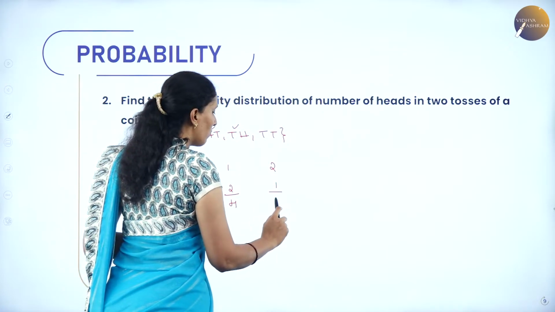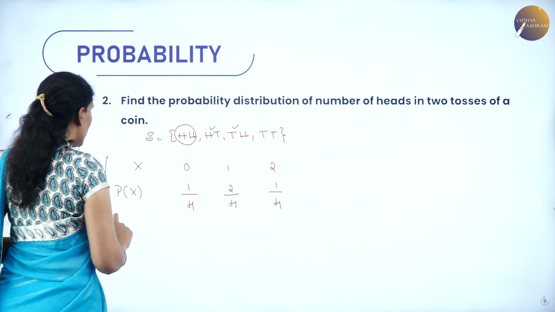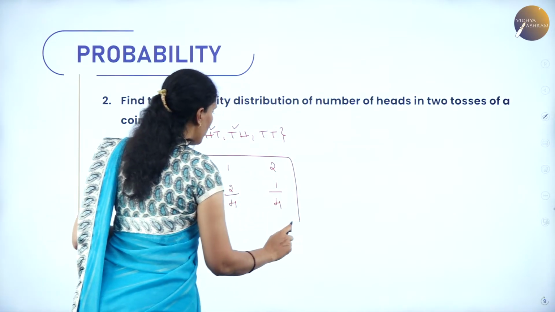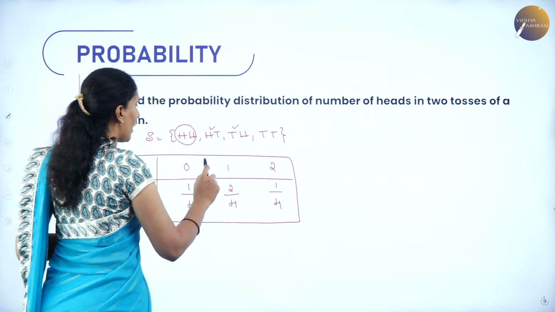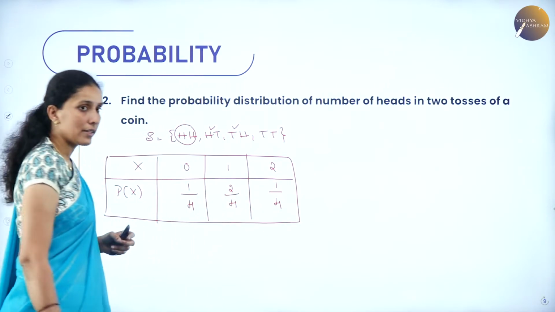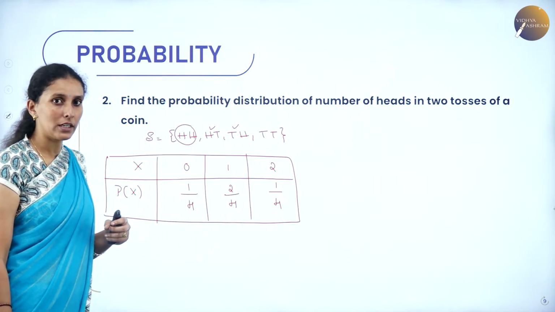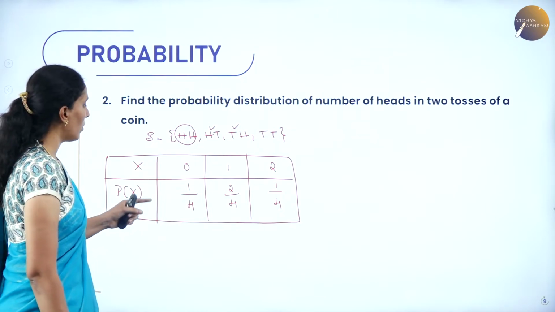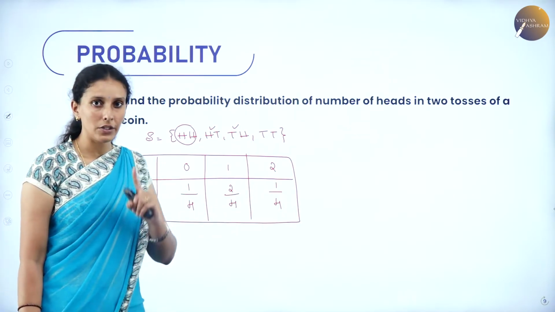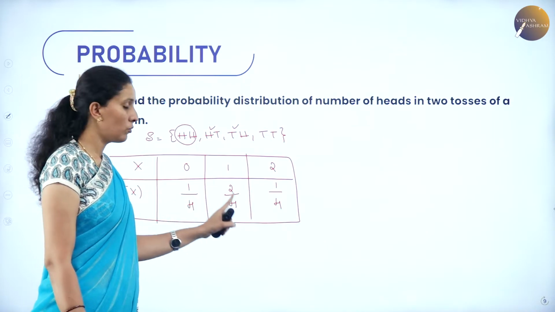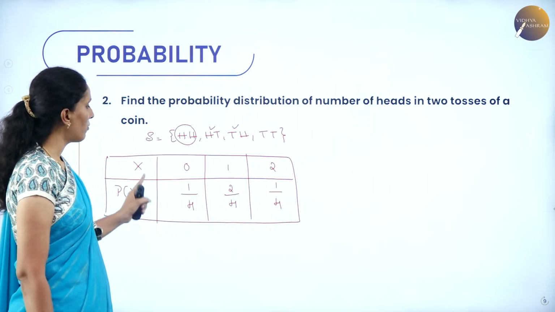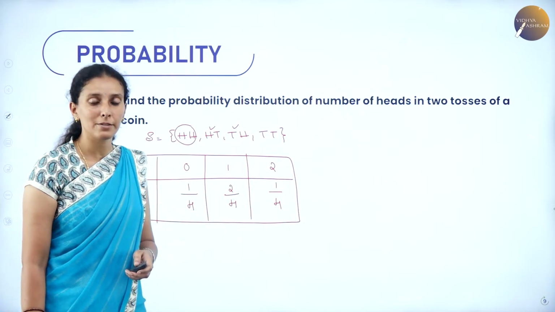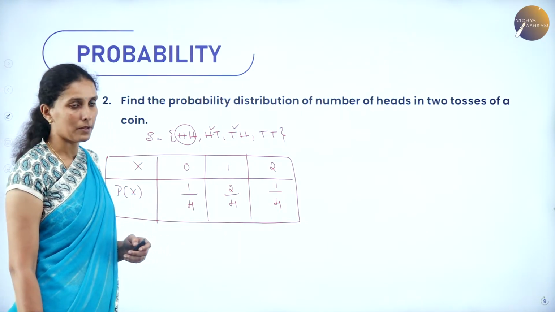Therefore it is 1 by 4. So this is the probability distribution of the random variable according to the number of heads in an experiment of tossing 2 coins. Add this, you will get the value 1: 1 by 4, 2 by 4, 1 by 4 is 1. Hence this is the distribution of probability according to respective random variables.